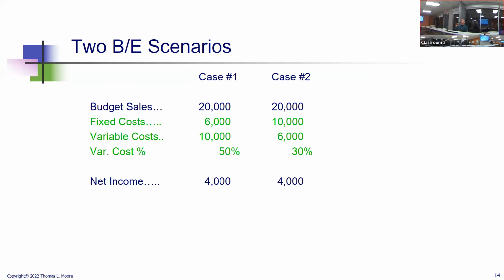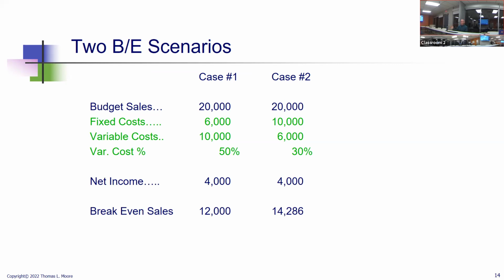How much in sales does each one of these cases need in order to break even? We can see here that in case one, where they have a lower fixed cost rate, same budget sales, same net income expectations, they have to make $12,000 in order to break even.